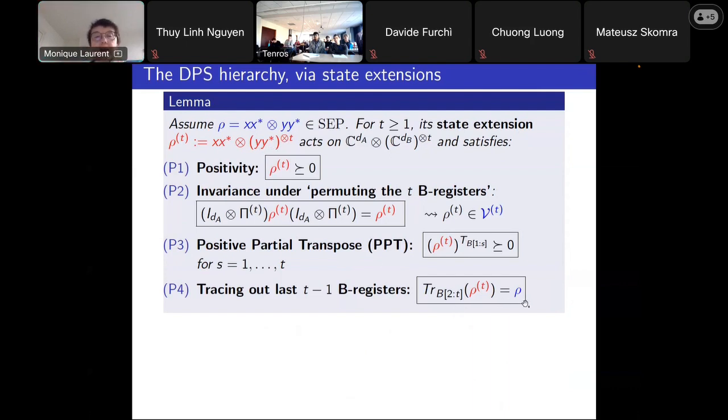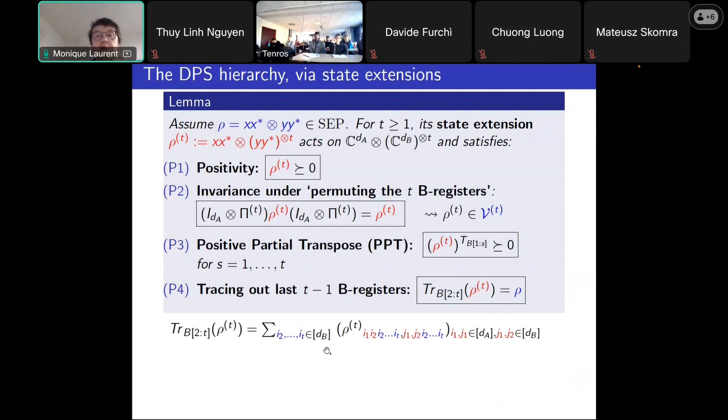Tracing out, so taking the trace, usually the trace of a matrix is just the sum of the diagonal entries. This more general trace here is because we have a matrix rho t here, which has a block structure, and this tracing out amounts to taking the sum of the suitably labeled blocks, but this is essentially what it is.